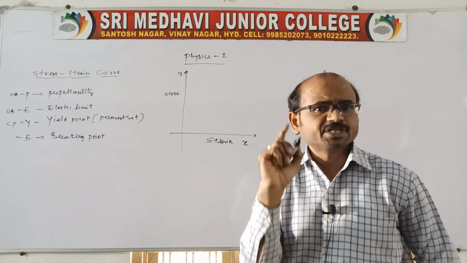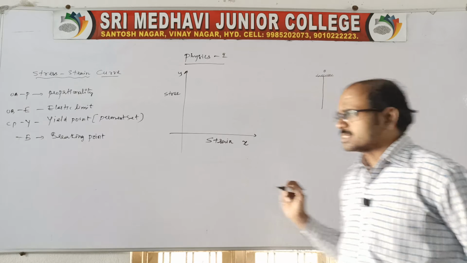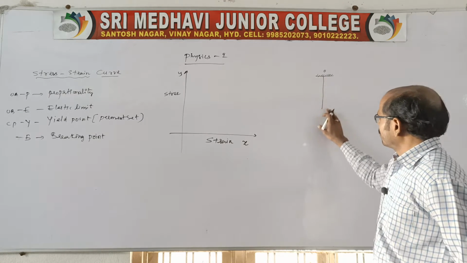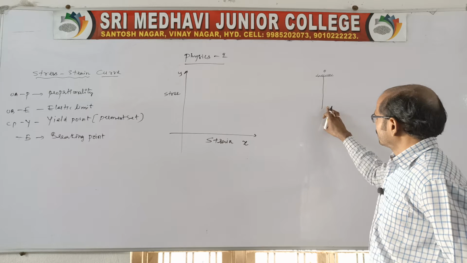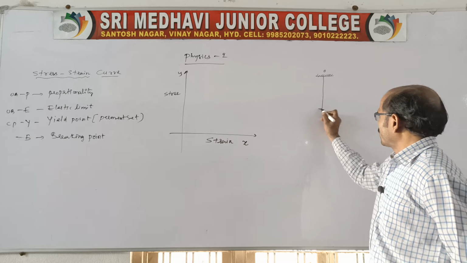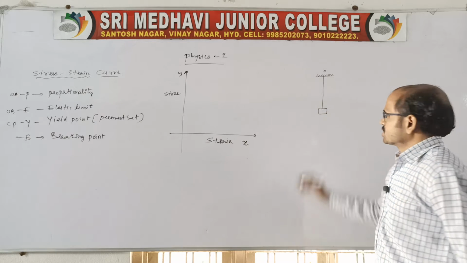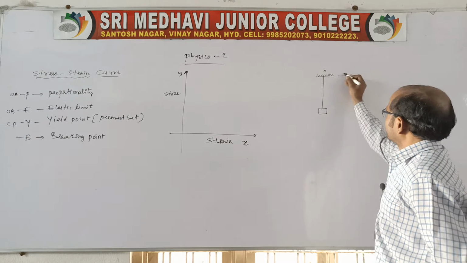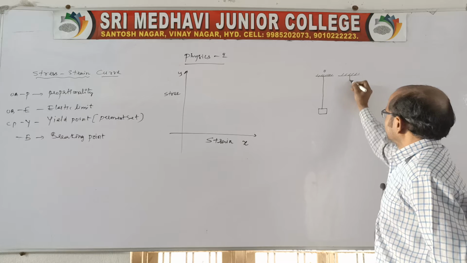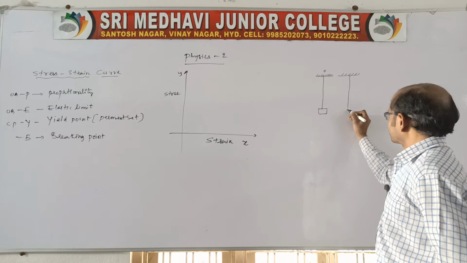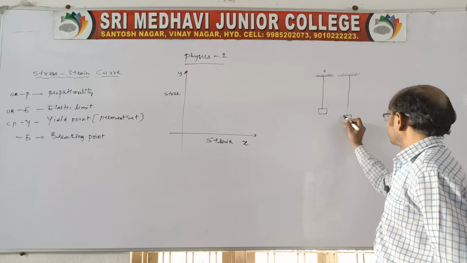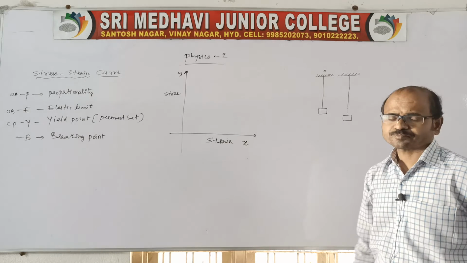In the first situation, suppose there is a load added to the given wire. The load must be within the elastic limit. When the load is added, the extension produced must also be within the elastic limit.